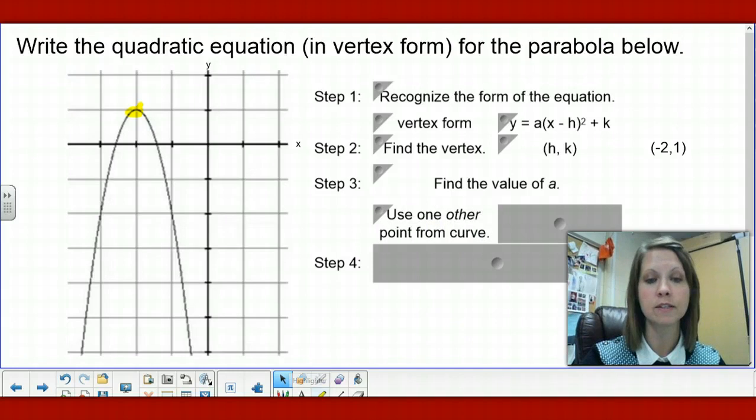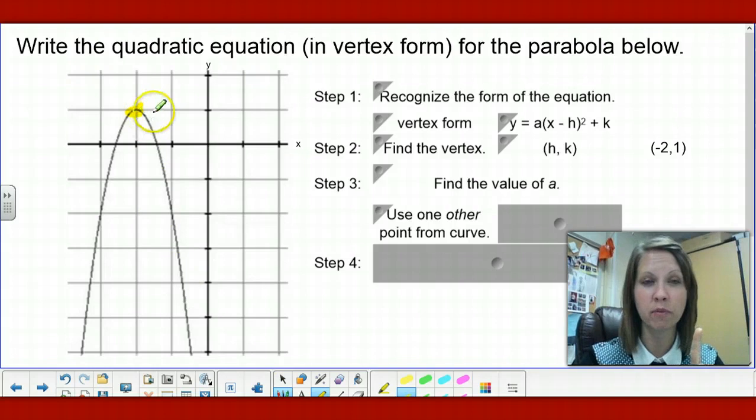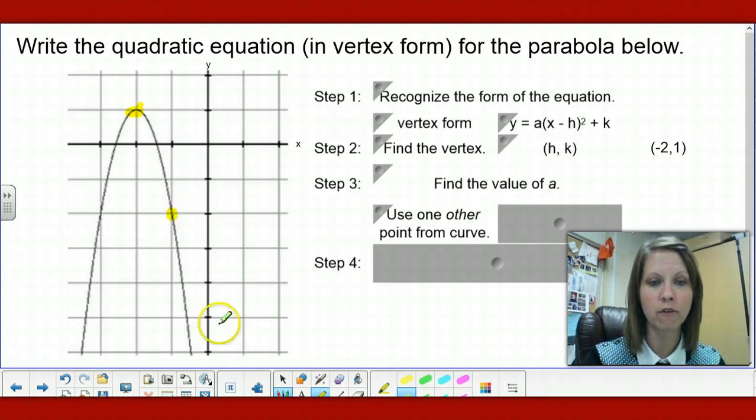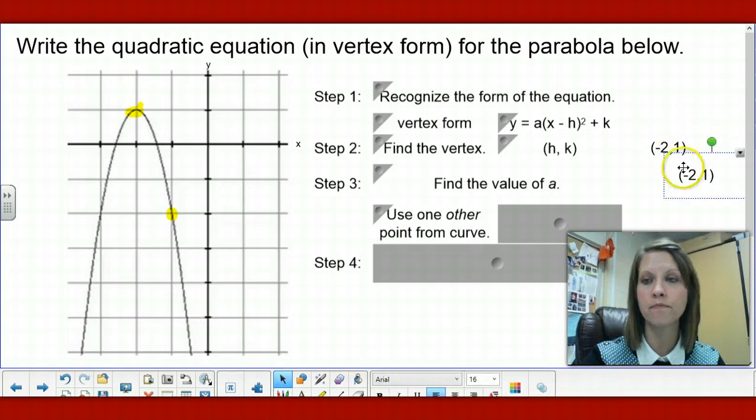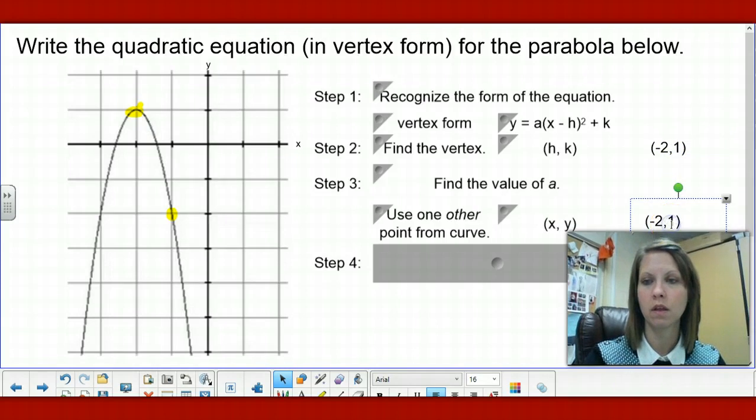And that point, what I do is I again step out one at a time from the vertex. In this case, we're going to have to go down. And I'm trying to see if the graph goes through a corner here. And it does, right there. So the ordered pair for that point, the one we're going to use as our x, y, is similar, but it's left 1, down 2.